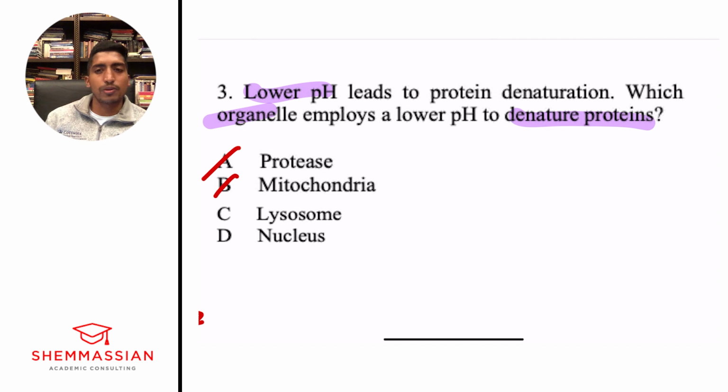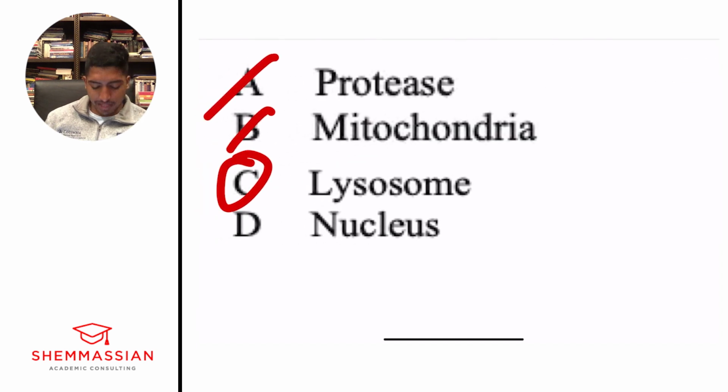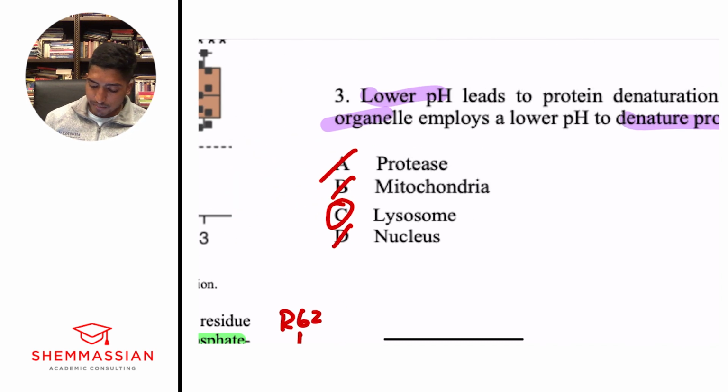Lysosome is exactly what we think of as releasing these enzymes to denature some sort of protein, because it has these acidic molecules inside of it that bind together with other molecules, bring down the pH, destroy them, denature them, and we're left with denatured proteins. Nucleus, not really associated with that, right? Associated with DNA, the nucleolus, all of that's in there, but not denaturing proteins.